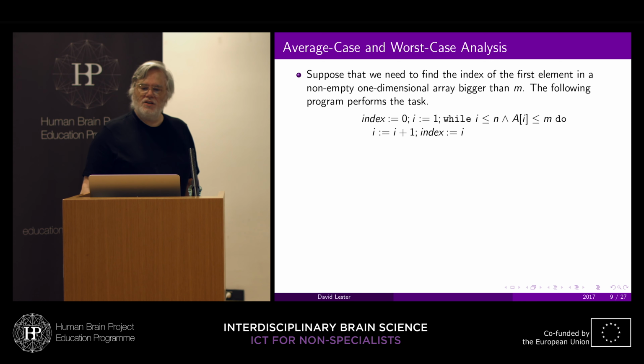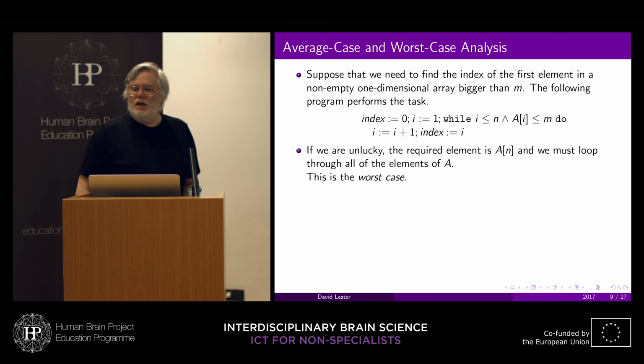You set the index 0 to be 0. You set i to be 1, and while i is less than or equal to n, and the array value is less than or equal to m, you just increment the counter i, and when you get to the end, you set the index to be i. And that's how you can calculate the value of the index of the first value that's bigger than m.